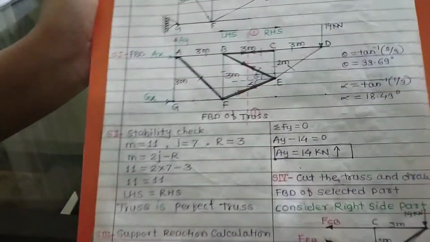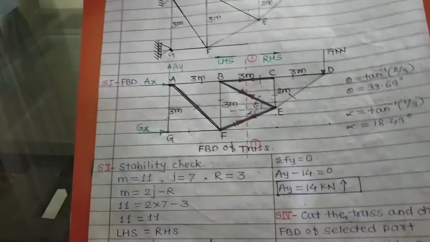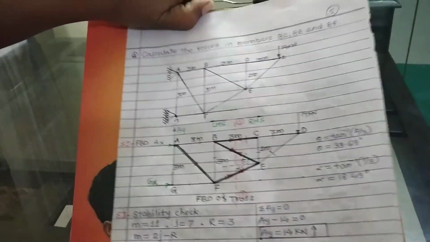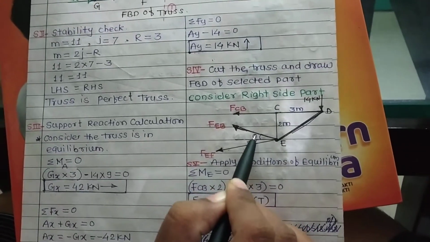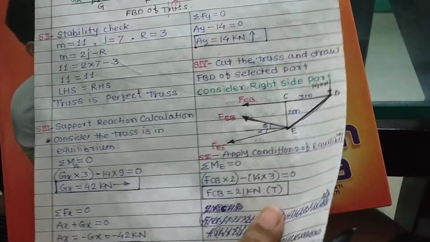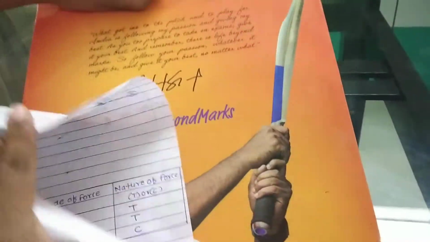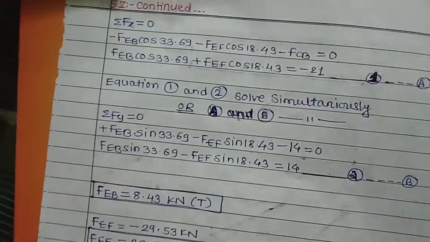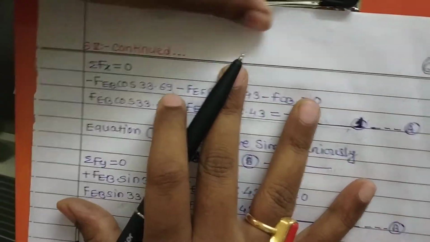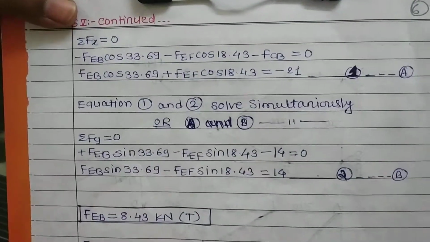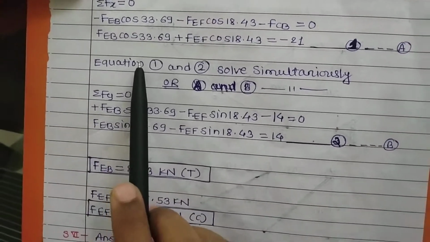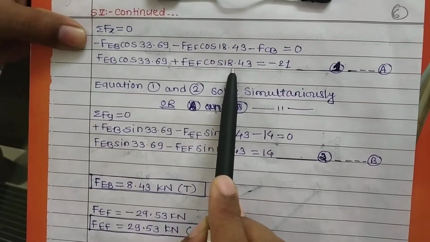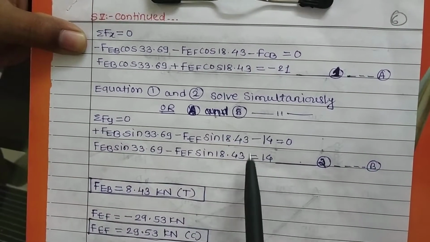Now the next, summation of Fx and summation of Fy condition we have to apply over this part only, over this cut section part. So now with this case, you can see that the summation Fx and summation Fy conditions I have applied, and by applying the conditions of equilibrium we got these two equations again.